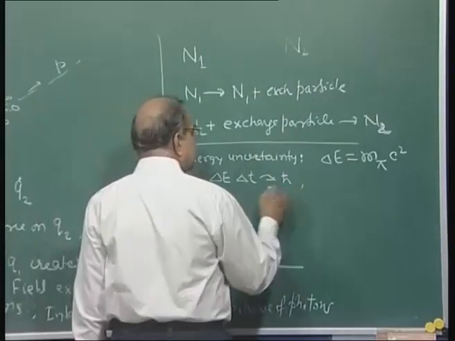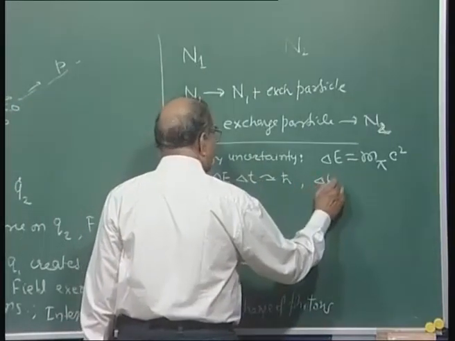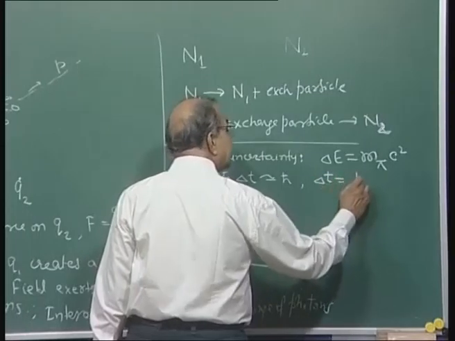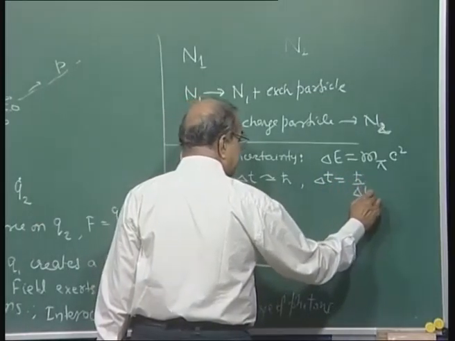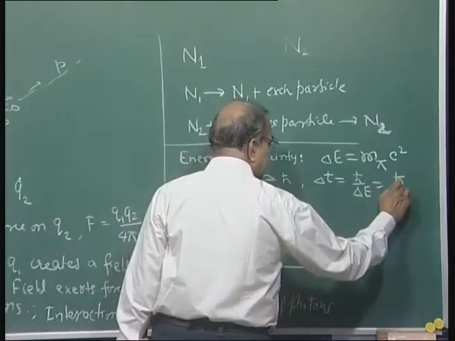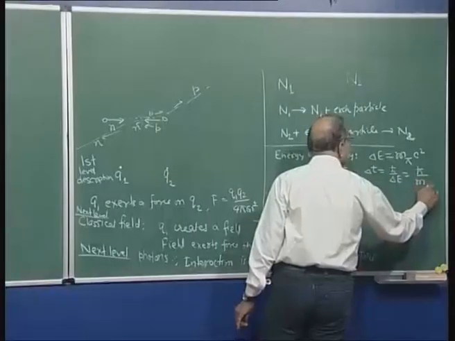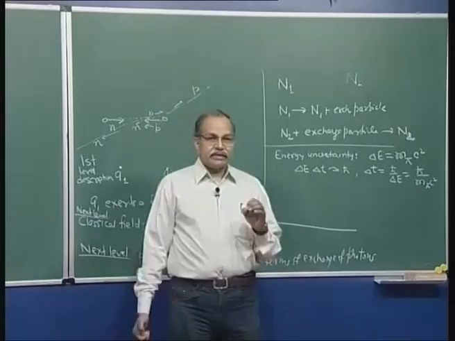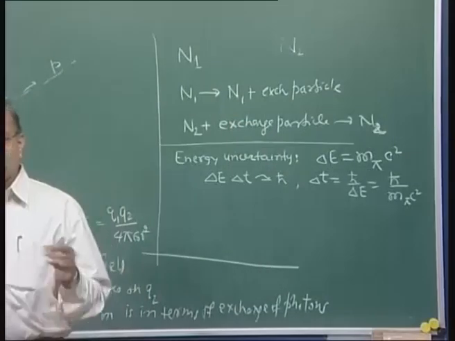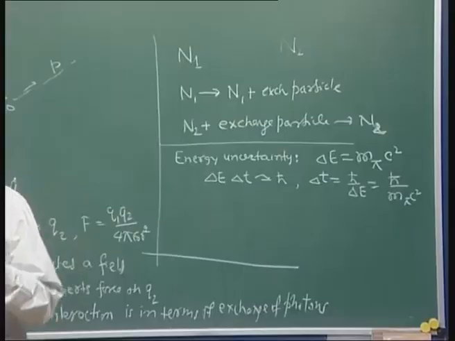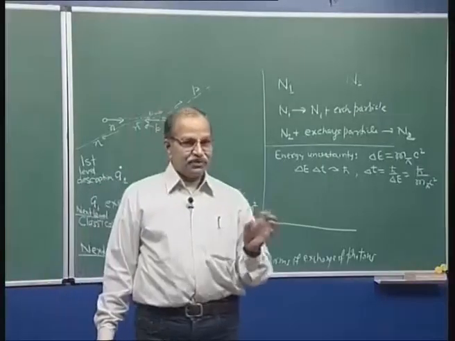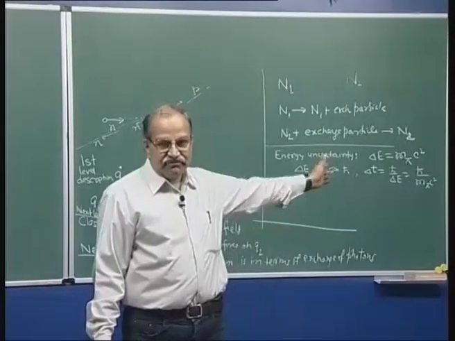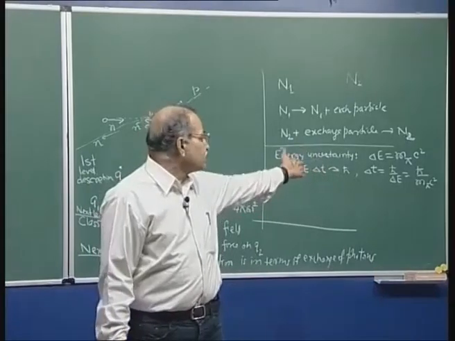So, in that case this delta t should be h cross divided by delta E, h cross divided by m pi c square. So, these particles can be created or absorbed, and they should exist to mediate the interaction between these two nucleons only for a time which is given by a relation of this type.